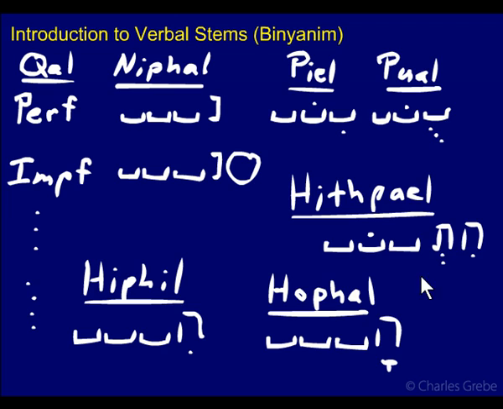And so halach over here, hithalech, that would be he walked to and fro. In fact, it's used in Genesis, God walking to and fro in the garden. It's something he did habitually. And here, nifal is the passive, sometimes reflexive, of the qal.